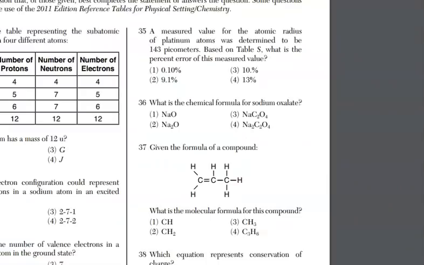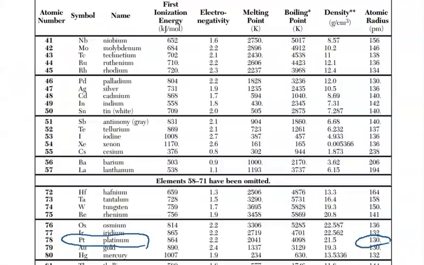All right, in question 35, you're asked to figure out percent error, but you've got to go to table S to get what's known as the true value. This 143 picometers is the measured value. So I had to go to the second page of reference table S, find my platinum, it is Pt, and go all the way over to this last column for atomic radius.